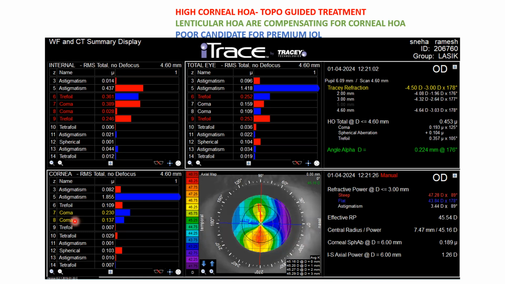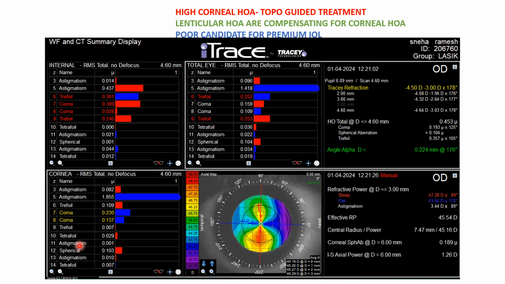The corneal aberrations as well are significant, but we can see here that the internal aberrations are compensating for the corneal aberrations. So if the patient has to go for a refractive surgery, laser vision correction, due to the high corneal higher order aberrations, first thing is this patient will undergo a topo guided treatment.